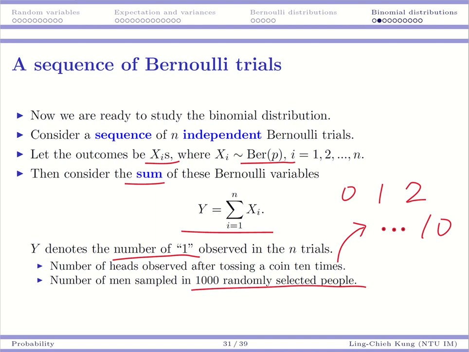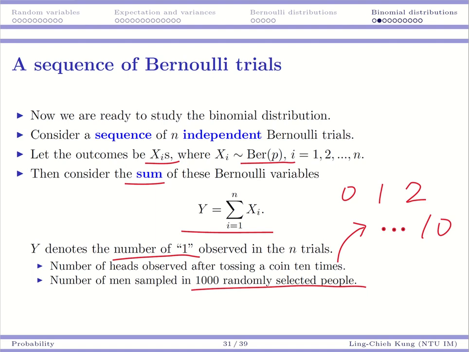So here we're talking about men. Another situation is that we randomly select 1,000 persons and ask them how many of you have a smartphone? How many of you have experience of shopping online? How many of you have a car? Something like that. So in that case, what we are really considering is a certain proportion, right?